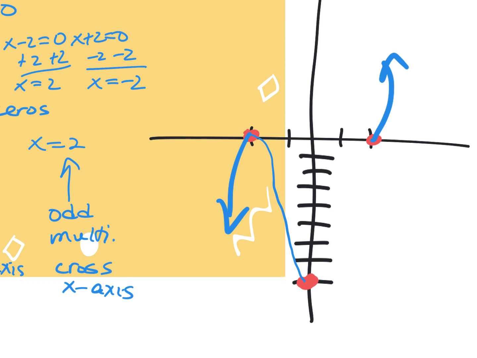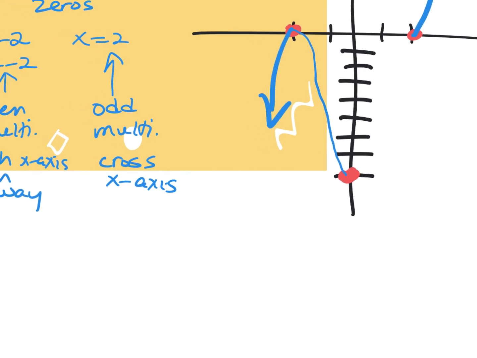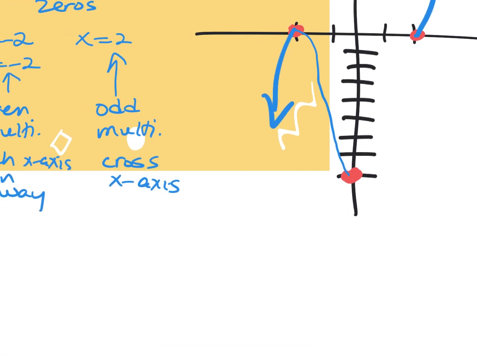And the way that I'm going to do that is I'm going to either plug in +1 into the original equation, or I'm going to do synthetic with +1, because that's the x value. So I'm going to do +1 synthetic. I'm using my original coefficients.